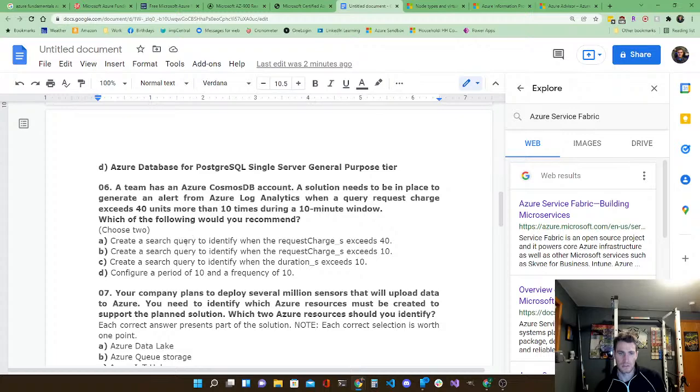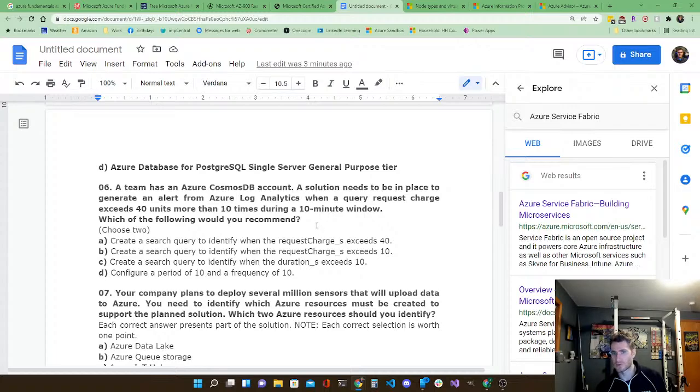Okay. Create a search query to identify when the charge exceeds 10. Request charge. So yeah, each query is going to have a charge in units, which I think goes into how much processing it is taking and how much memory and stuff.